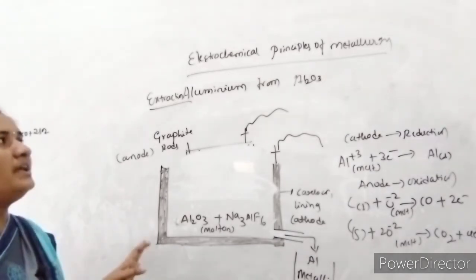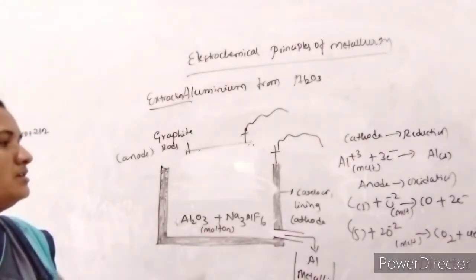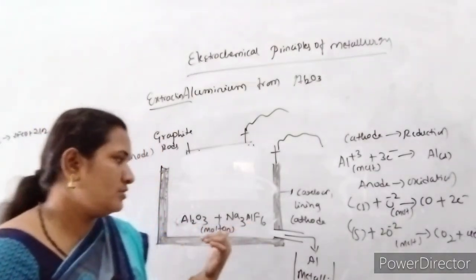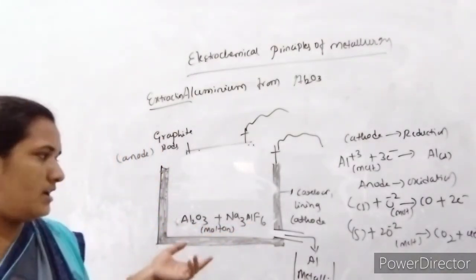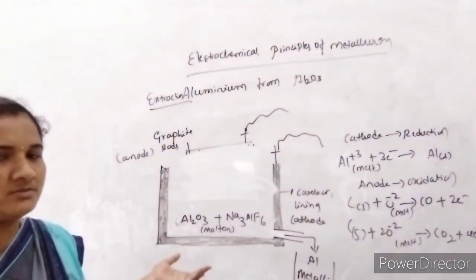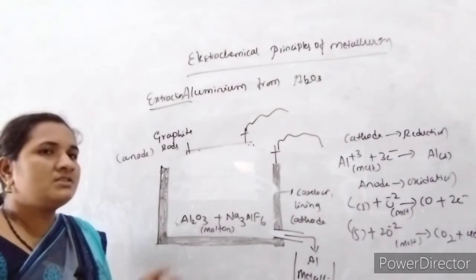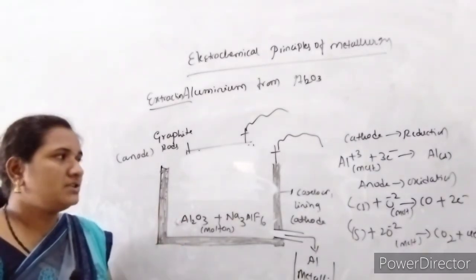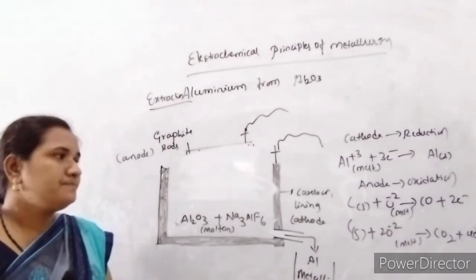So this is about the extraction of alumina. Here also all the things are important. These mixtures, trisodium aluminum hexafluoride or calcium fluoride, how are they helpful to this process? They will lower the melting point of bauxite and they will increase the conductivity of the electrolytic cell.